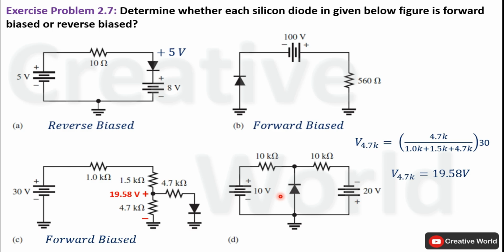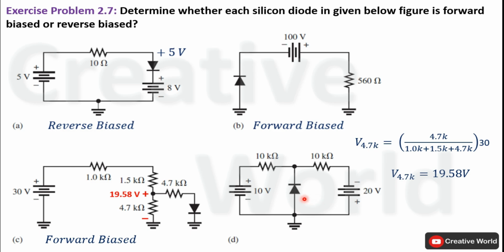So now we will focus on the right half of the circuit. In this case, the positive terminal of the voltage source is connected to the anode of the diode and the negative terminal of the voltage source is connected through a resistance to the cathode of the diode. So this source satisfies the first condition for forward biasing of the diode. In the second condition, the potential difference of this voltage source should be higher than the potential barrier of a silicon diode.